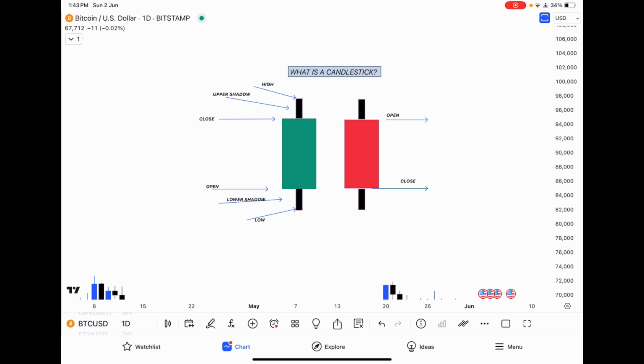A candlestick will tell you where the price opened and where the price closed. The upper shadow and the lower shadow are called wicks. The upper wick tells us the high for a specific period and the lower wick tells us the low.